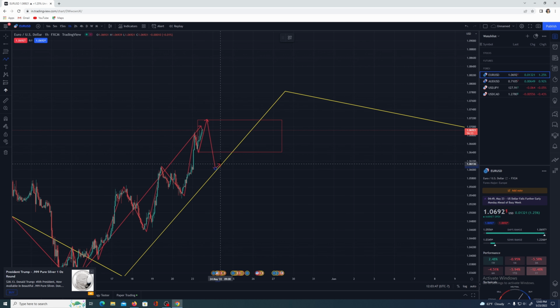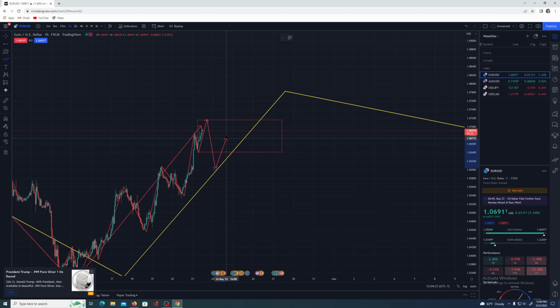We're going to wait for price to either come to the open, to the bottom of this supply block, or we can have a rule to enter at the 50%, or a rule to go down into the inner 5-minute structure of this move up. Once that 5-minute structure breaks down, we can enter on the lower time frame.